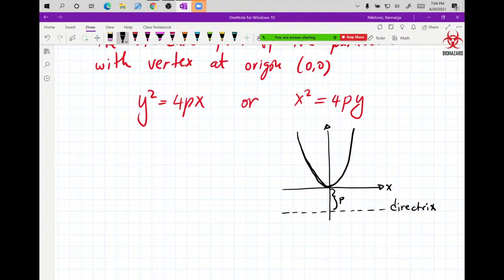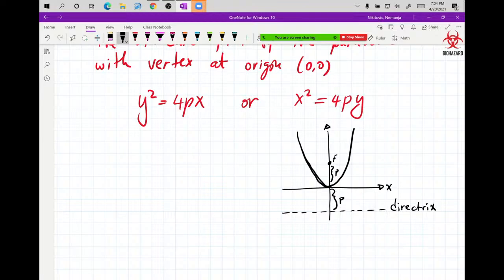There is also the focus, focus f, which is also p units away, the same distance.